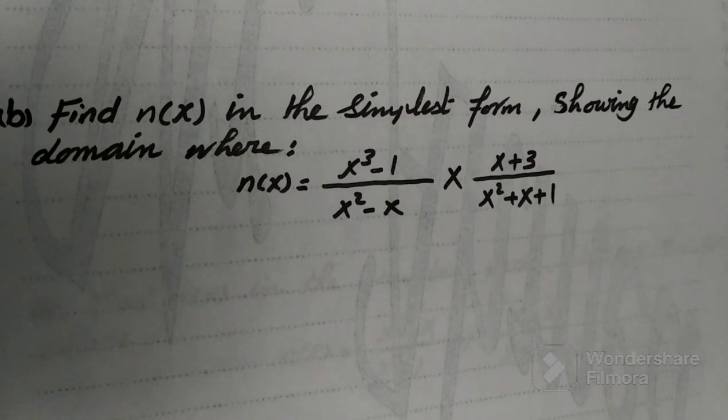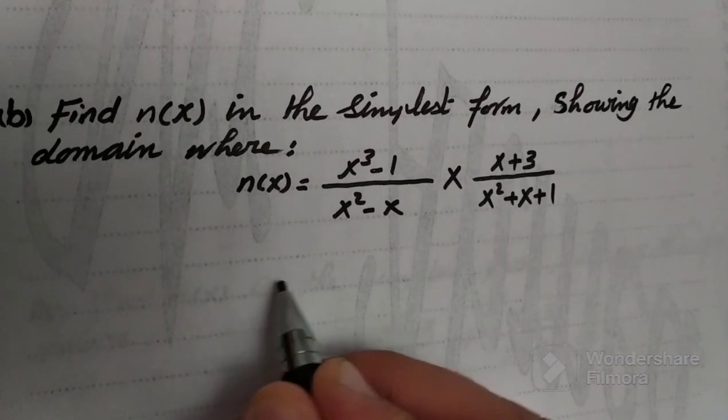When we multiply two algebraic fractional functions, we must do steps. Number 1, factorize numerators and denominators. Number 2, find the domain. Number 3, simplify. Number 4, the result.